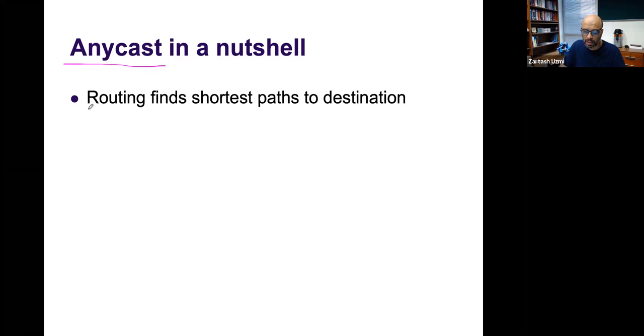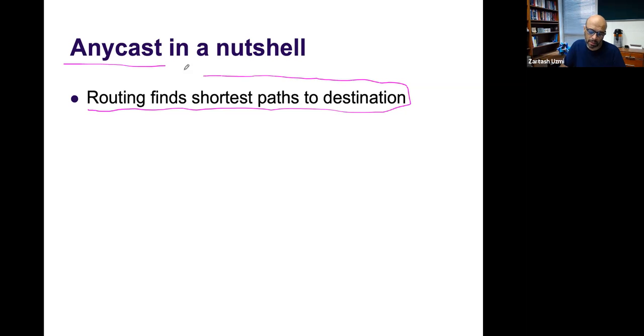So routing will find the shortest path to the destination. And here, mind you, there is not just one destination. Why is there no one destination? Because I don't care where the destination is. These root name servers are numerous, scattered throughout the world.